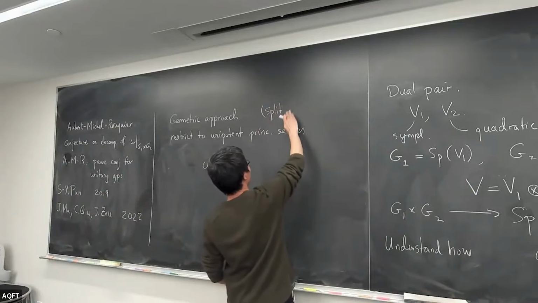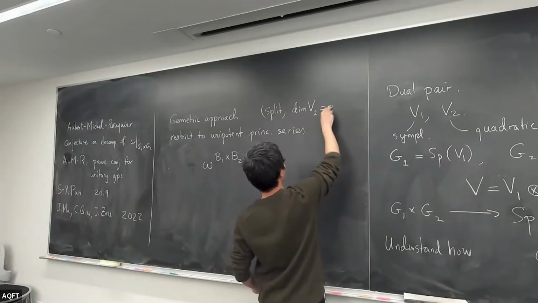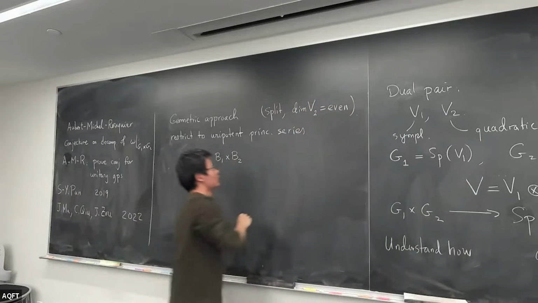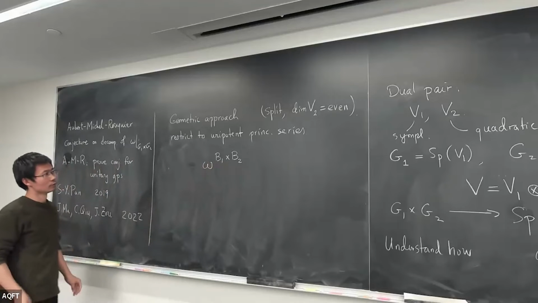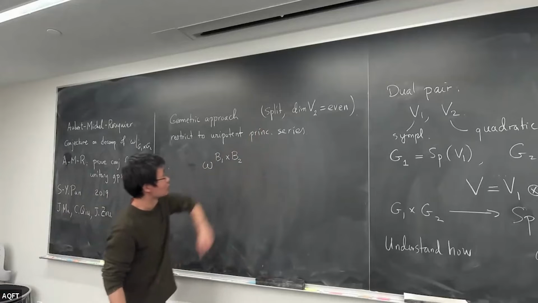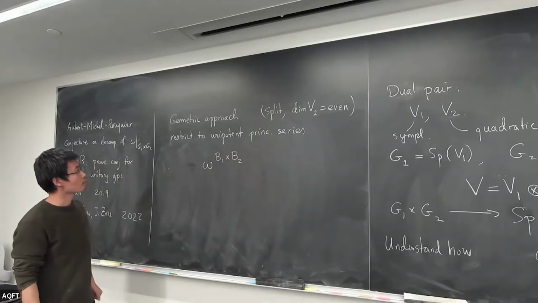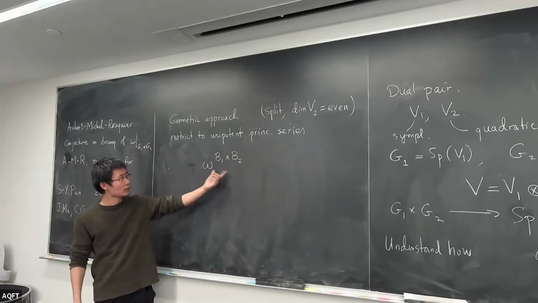And even dimension: the dimension of V2 is even. So this orthogonal space has even dimension. Otherwise, there's no such invariance, and we have to work with something different. Anyway, we only consider the case where the dimension of V2 is even. So look at invariance under two Borels.